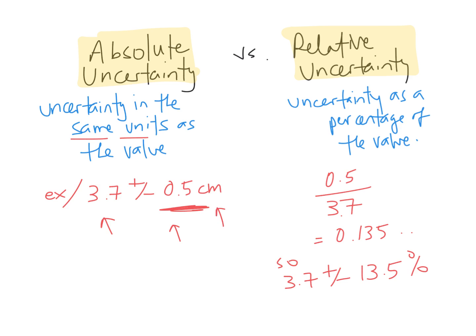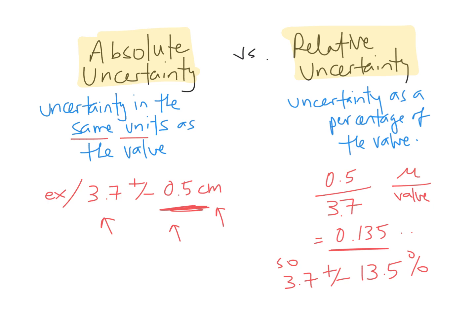A relative uncertainty does a little bit of analysis and says, based on that absolute uncertainty, how precise really is this measurement of 3.7 centimeters? It's the uncertainty expressed as a percentage of the value. So you take the uncertainty and you divide it by the value, and then you get what proportion of the value the uncertainty is, and we generally express that as a percentage.